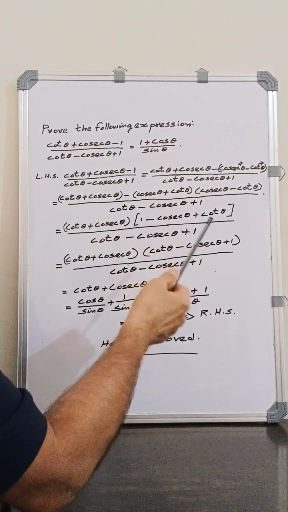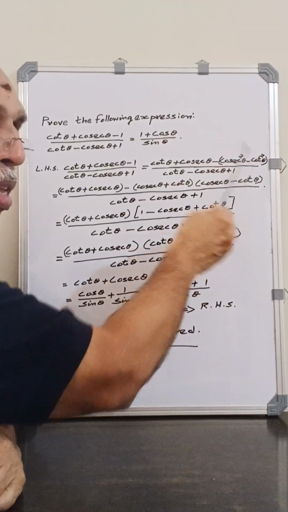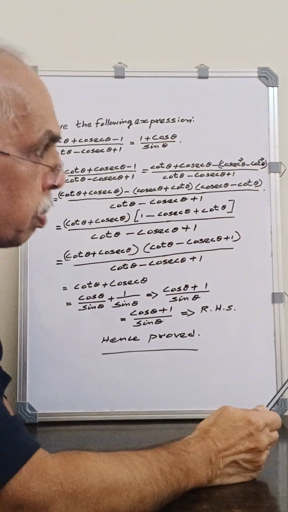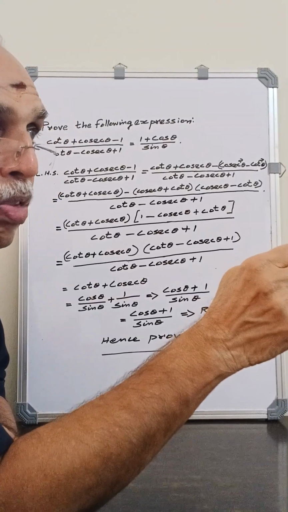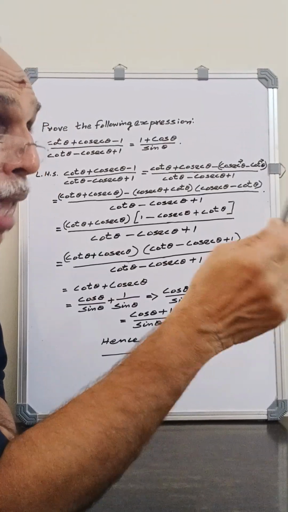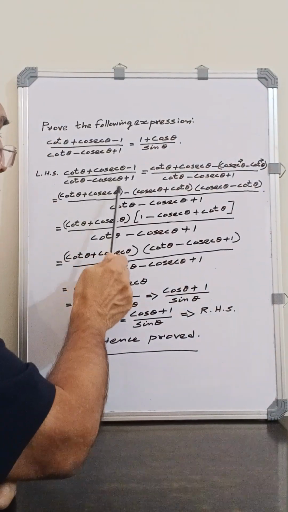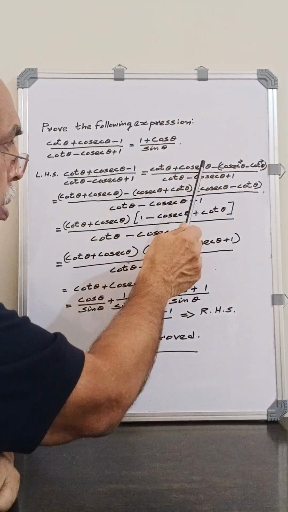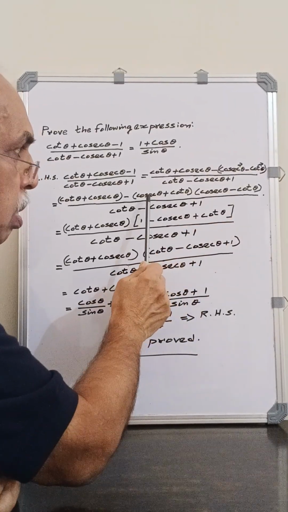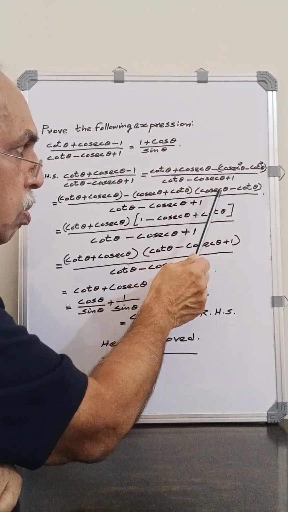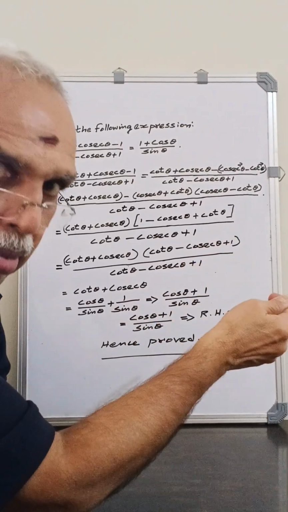Therefore, in the numerator here, a square minus b square, we have to consider the expansion of a square minus b square as factors a plus b into a minus b. Here, cot theta plus cosec theta, the first term, minus this term, is expanded as cosec theta plus cot theta into cosec theta minus cot theta as factors.